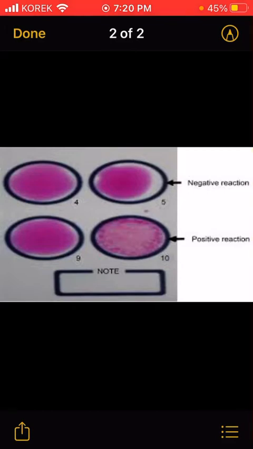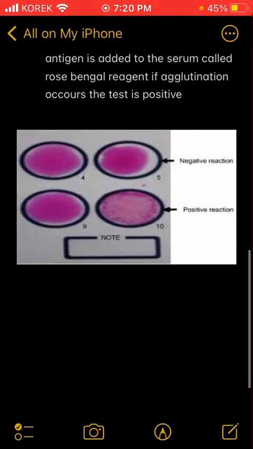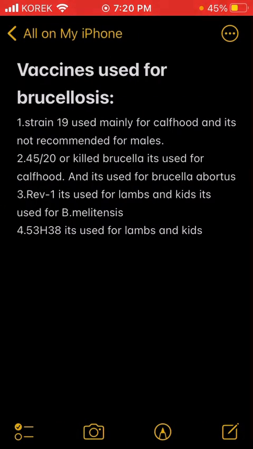It is a negative test. We know that we have vaccines for Brucella. I will explain the vaccines that are used for Brucella. One of the controlling ways is using vaccines, which are important to protect against brucellosis. And brucellosis comes back every year.